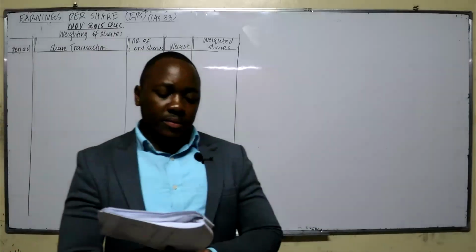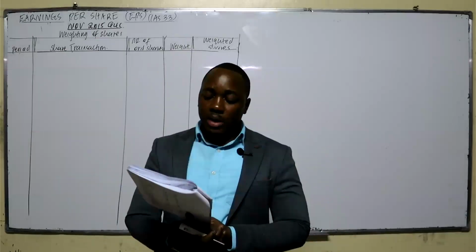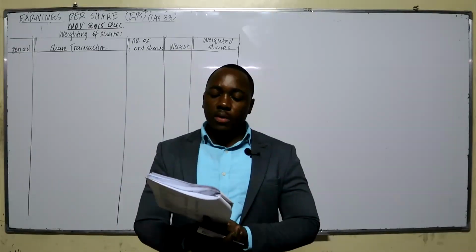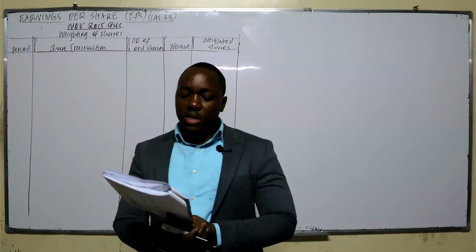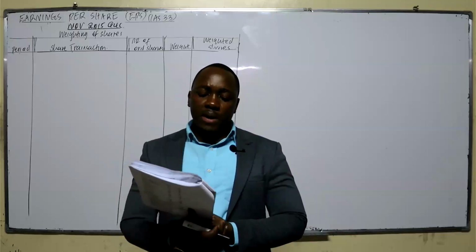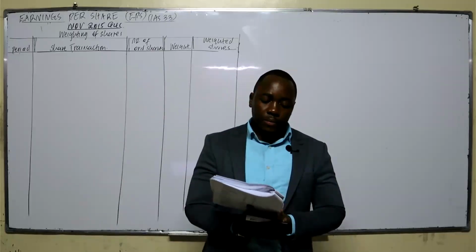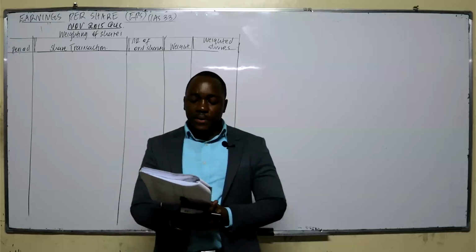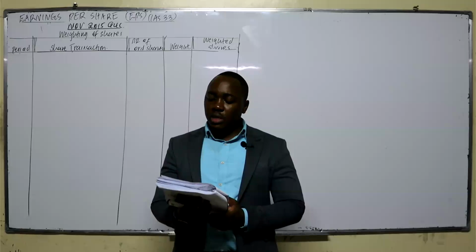Part C. Winam Limited, a limited company, has an authorized share capital of 4,000 million shillings, comprising 600 million ordinary shares of 5 shillings par value each, and 50 million 10% convertible preference shares of 20 shillings each.